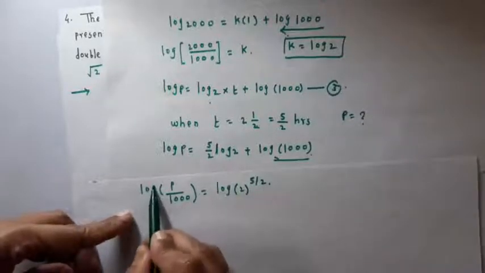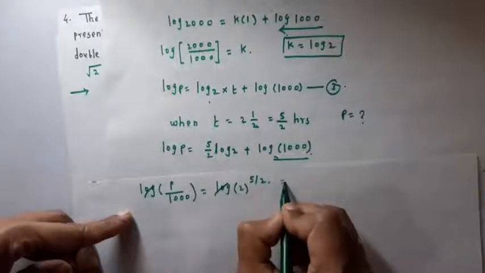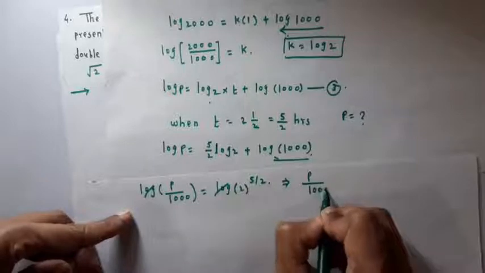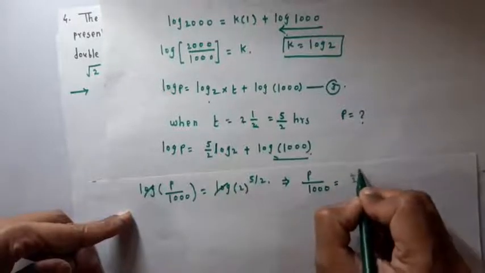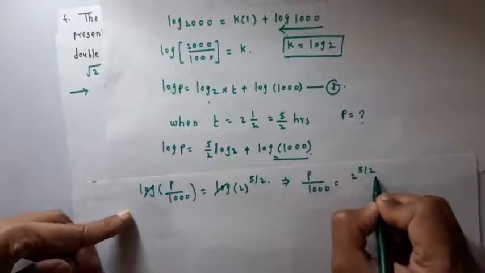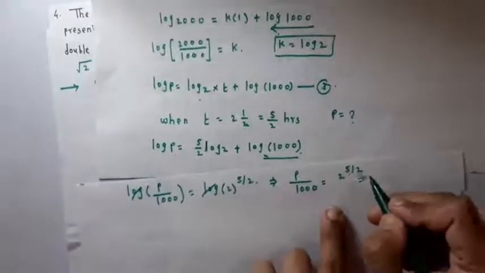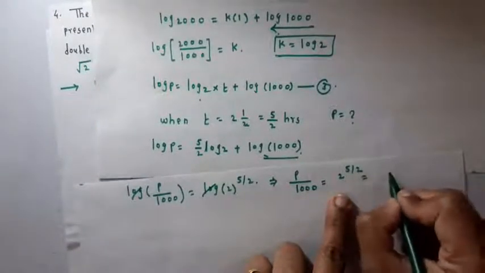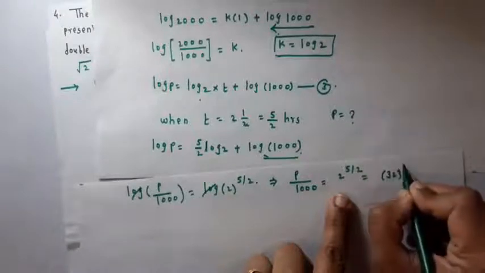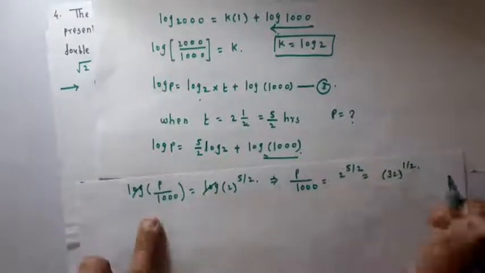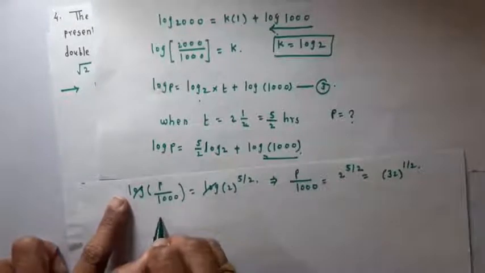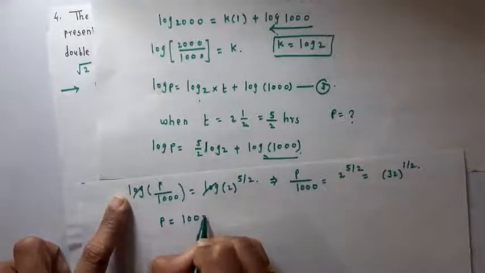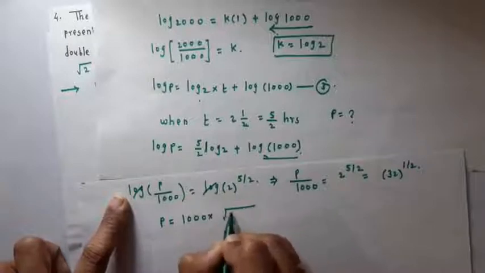Now cancelling logs on both sides, we get P upon 1000 equal to 2 raised to 5 by 2. 2 raised to 5 is 32, and 32 raised to 1 by 2 means square root of 32. So P equals 1000 into square root of 32.